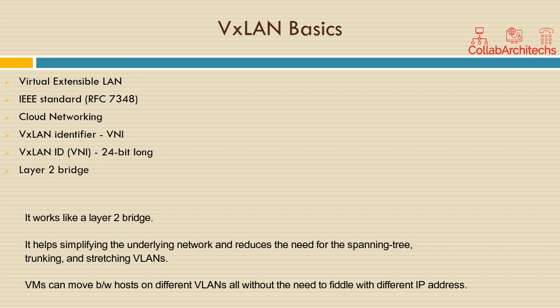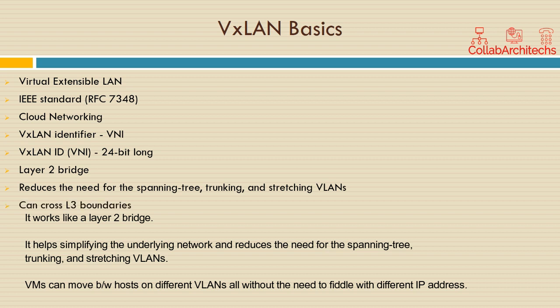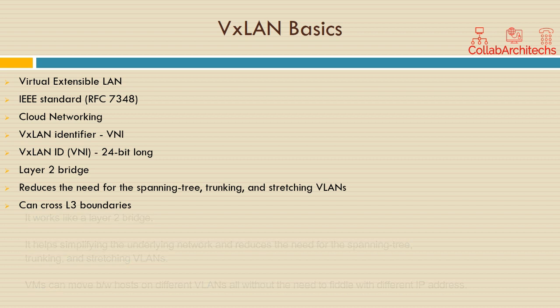It works like a layer 2 bridge. It helps in simplifying the underlying network and reduces the need for spanning tree, trunking, and stretching VLANs. VMs can move between hosts on different VLANs without the need to change IP addresses.